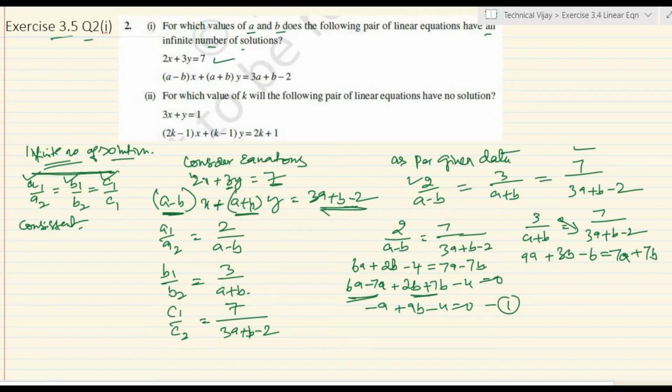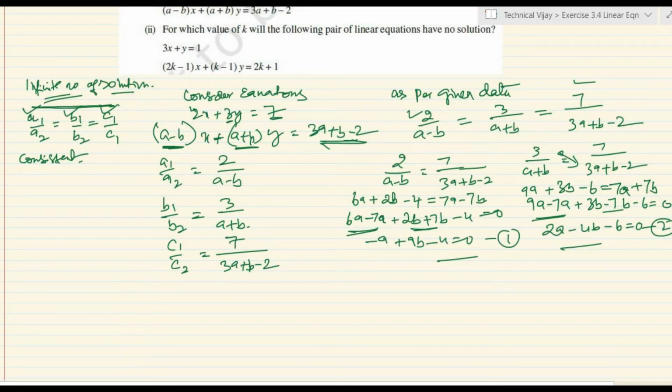So here 9a minus 7a plus 3b minus 7b minus 6 equal to 0. So 9a minus 7a means 2a, 3b minus 7b means minus 4b, minus 6 equal to 0. This is the second equation. So from these two equations we have to solve for a and b.